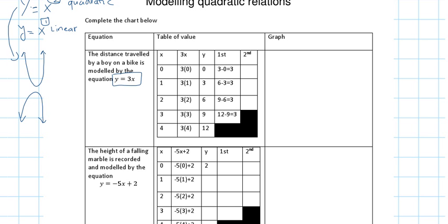Technically I can put a 1 here, I don't have to. If I don't put it, it's the same thing. So I know it's linear by looking at the equation because it's degree 1. Okay? So if I give you an equation, you should be able to tell me if it's linear or quadratic just by looking at the equation.